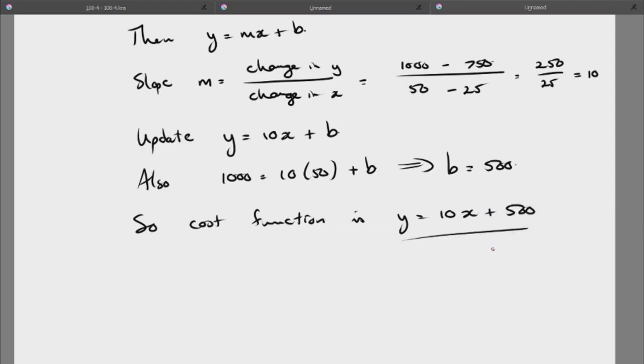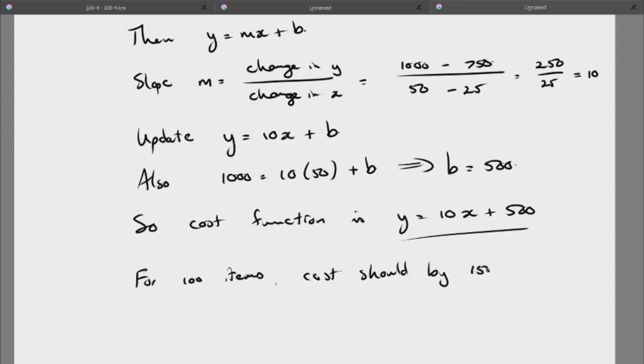And I can then use that. They are asking for the cost prediction according to this function when I have 100 items. For 100 items, what do we get when I plug in 100?